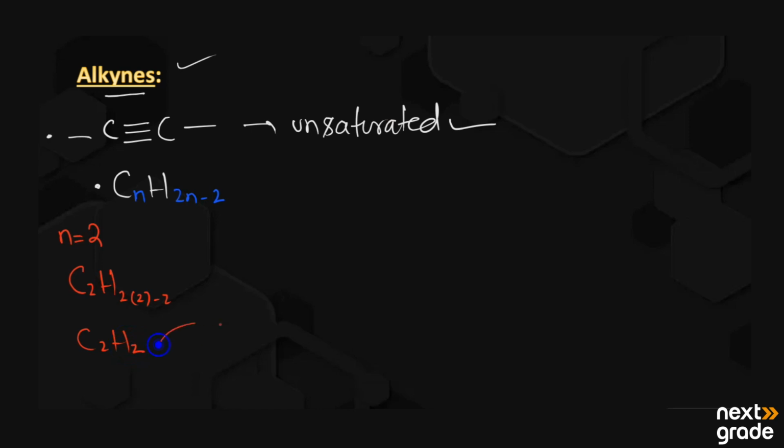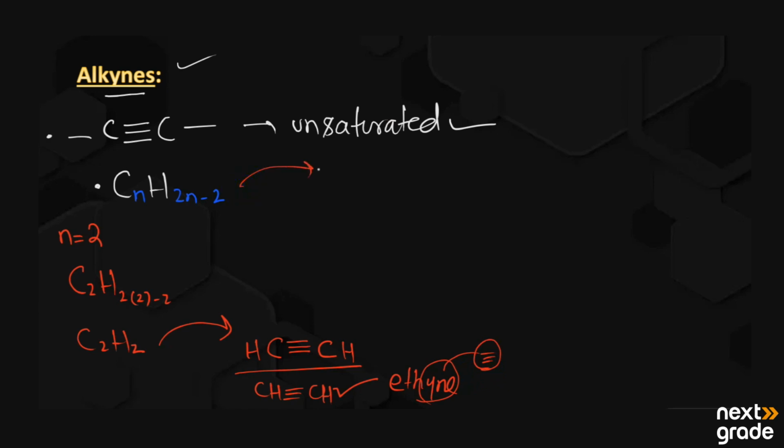C2H2. Now, its structural formula has two carbon atoms with a triple bond, and then each has one hydrogen. So this is CH triple bond CH, the first alkyne, ethyne. The yne in ethyne shows that there is a triple bond between the two carbon atoms. If I put the value of n equal to 3, then we go from propane to propyne.